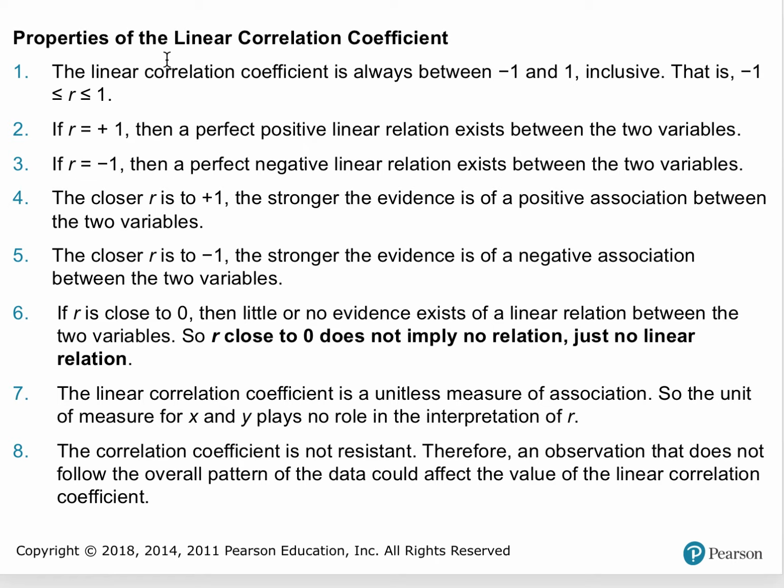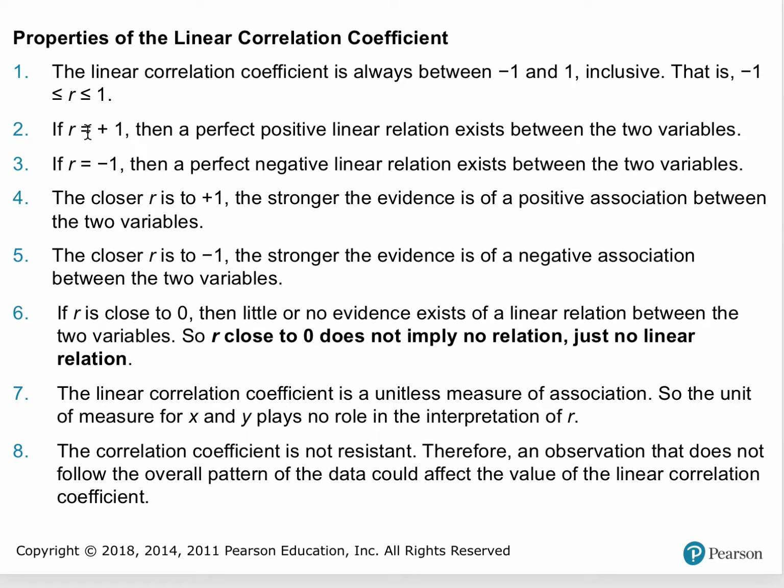Here are the properties of the linear correlation coefficient. Number one, the linear correlation coefficient is always between -1 and 1 inclusive. That's how we would write it mathematically. They're a little bit off on their sentence there. So r is between -1 and 1 inclusive.